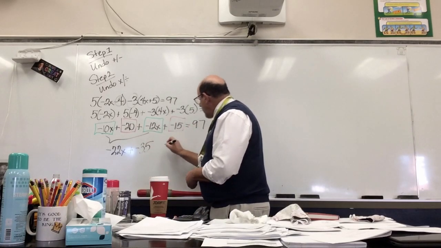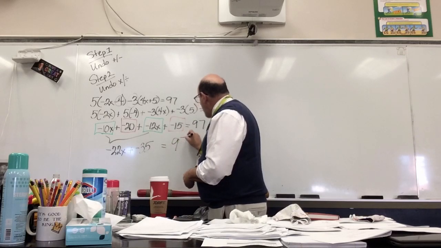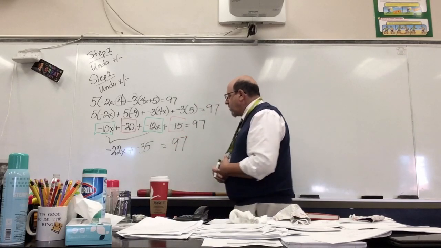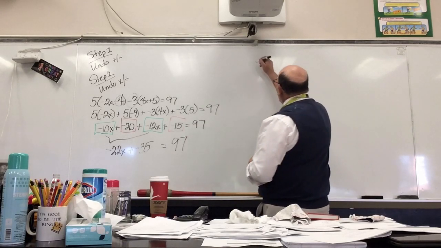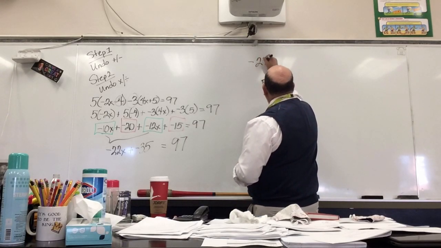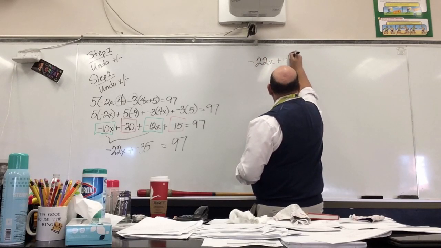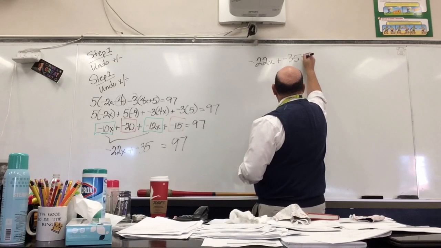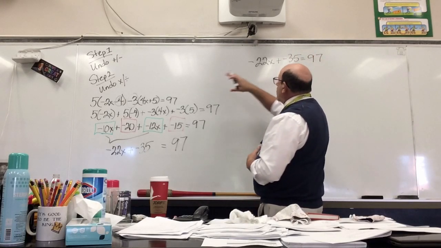Okay, and we're going to make that equal to 97. Now we have a two-step equation that we can take care of pretty simply. And I'm going to rewrite it up here. Negative 22x plus negative 35 equals 97.